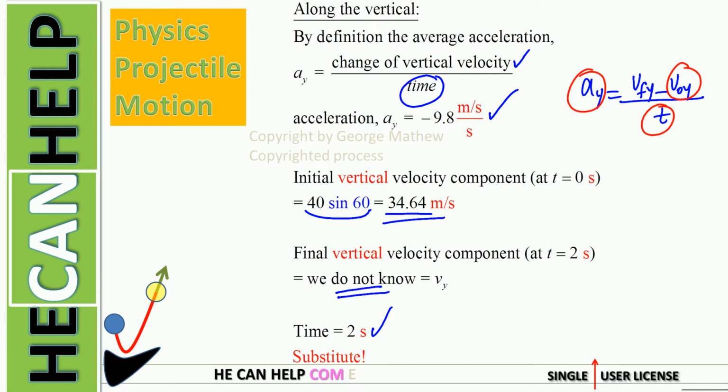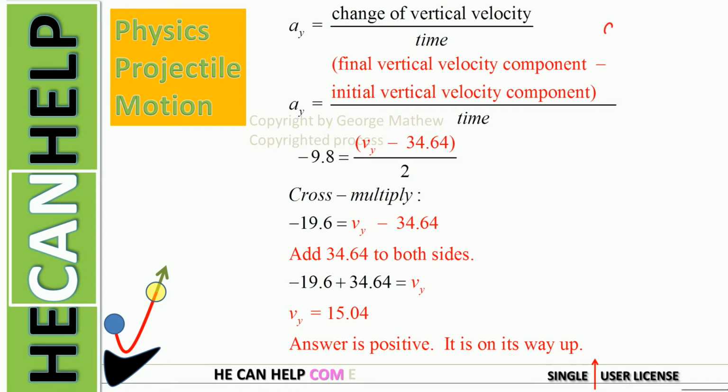And don't forget, this is the same equation as what you have learned as V final equals V0 plus at. So acceleration is change of velocity divided by time, and change of velocity is final vertical velocity component minus initial vertical velocity component.